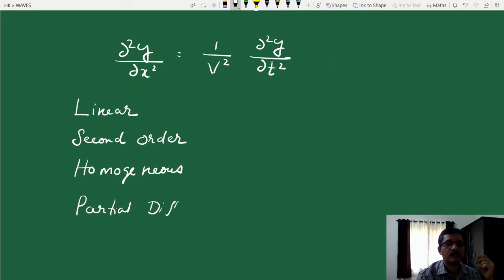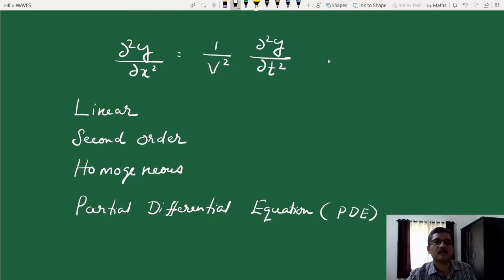These are the attributes or properties of this equation. Sometimes we use the short form PDE to talk about a partial differential equation. So this is a linear second order homogeneous partial differential equation.